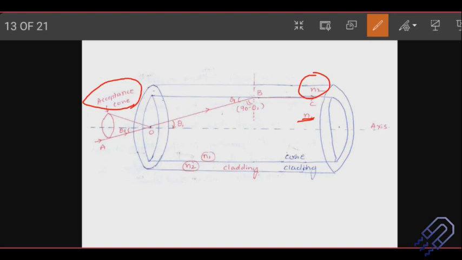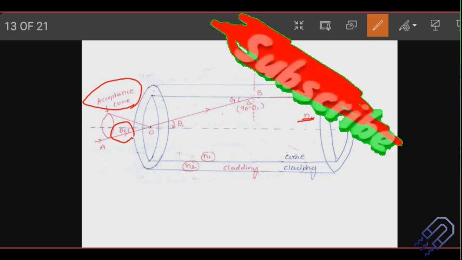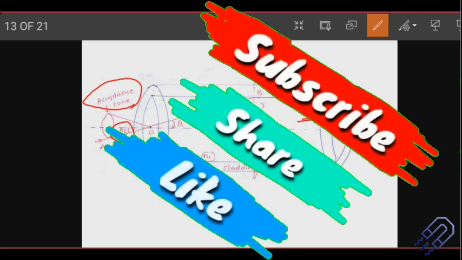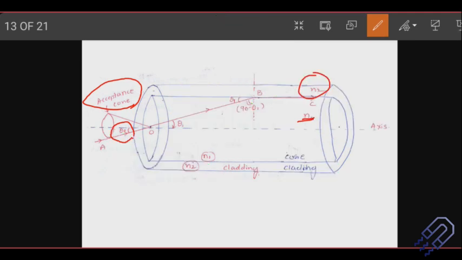Before we proceed further, let's understand this diagram first. We have this ray of light incident at an angle of theta naught, entering from air into the core. The core has greater refractive index, so it is going from a rarer to a denser medium, and it will give you the angle of refraction as theta 1.